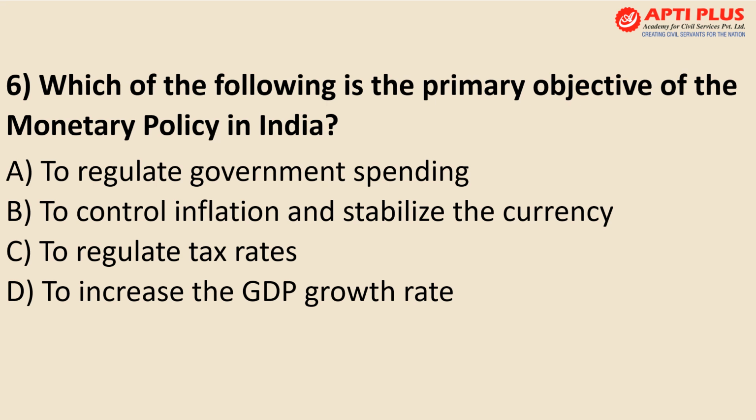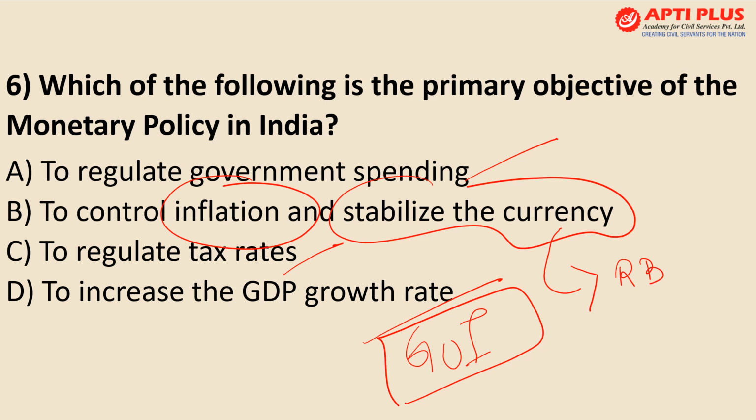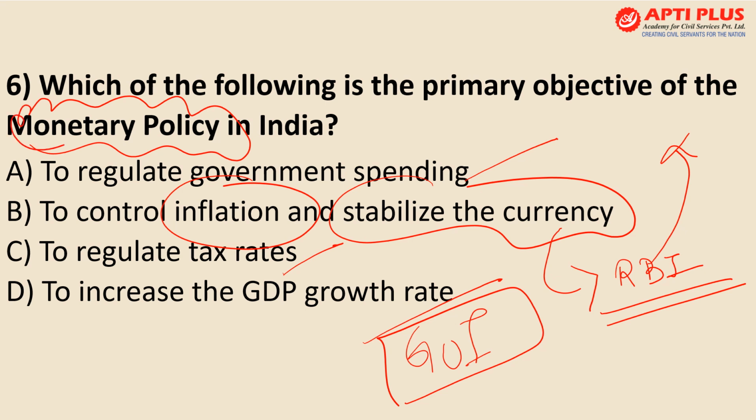See, government spending या tax rate or to increase the GDP growth is the main target of government of India. And inflation control करना and economy stabilize करना ये कुछ अलग सा लग रहा है, and this is the main target of your RBI. And RBI is responsible for the monetary policy, and monetary policy से हम inflation targeting करते हैं.